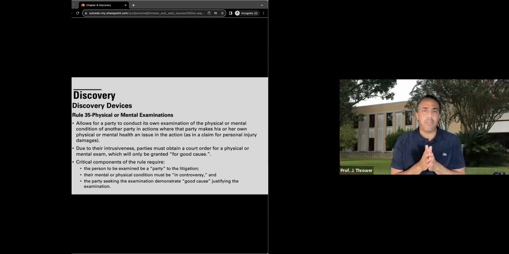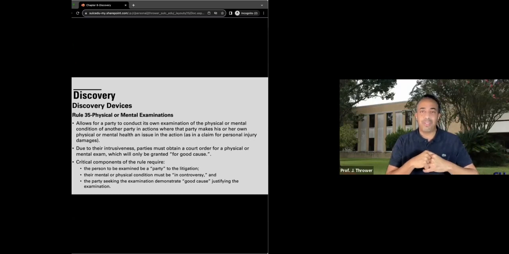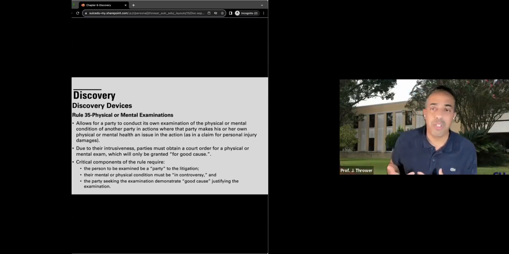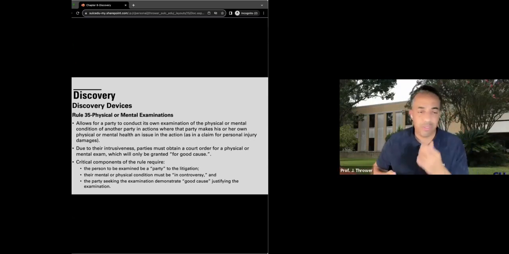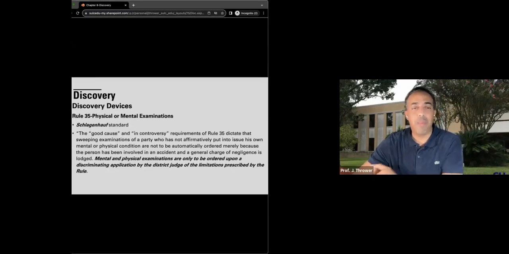Because oftentimes defense counsel who represent defendants suggest, if a person has filed a lawsuit and they suggest that they injured a certain body part, or they've suffered certain mental injuries, then there automatically should be good cause to justify the examination. However, a key case that was handed down by the Supreme Court in 1964 begs to differ with that opinion.